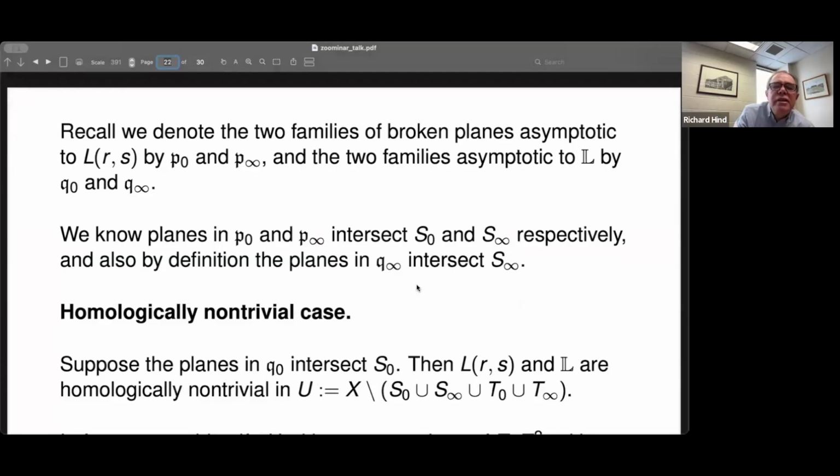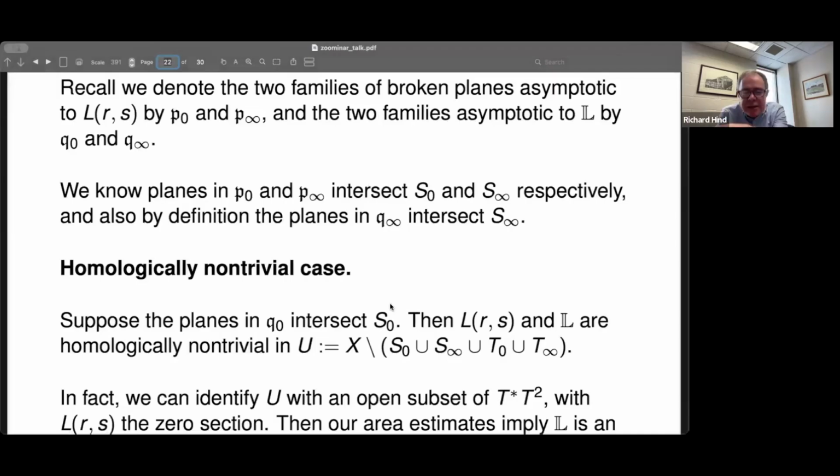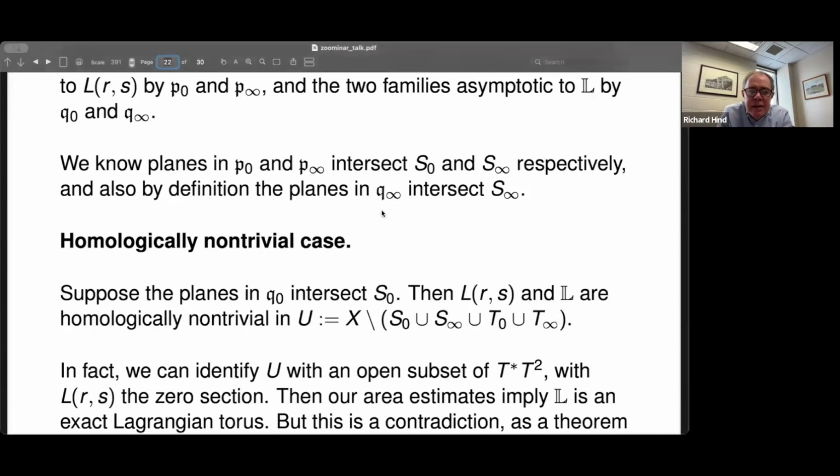I'm just going to define Q infinity to be the family of planes intersecting S infinity. But then there's two ways this could go. It's possible that the planes in Q0 also intersect S0.